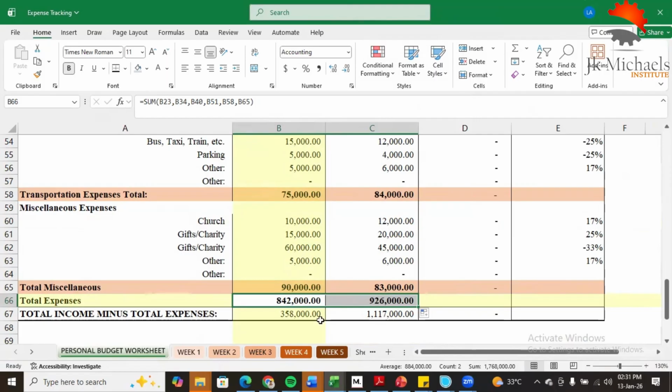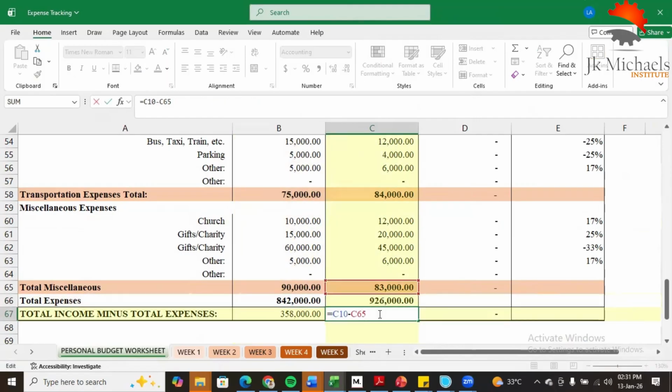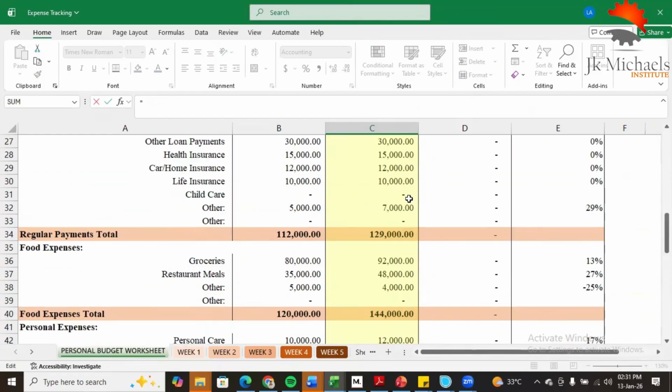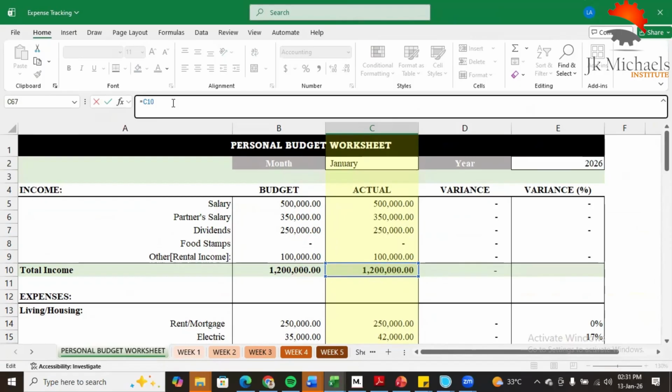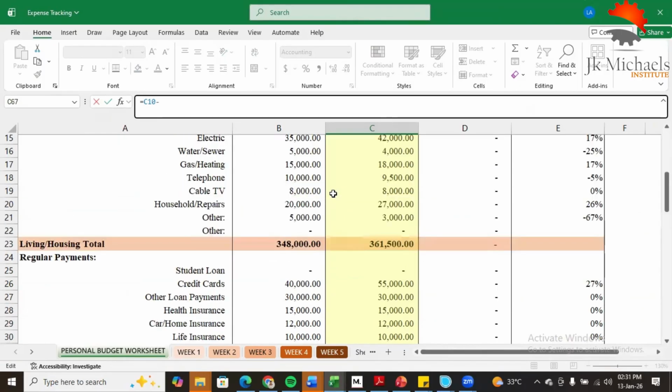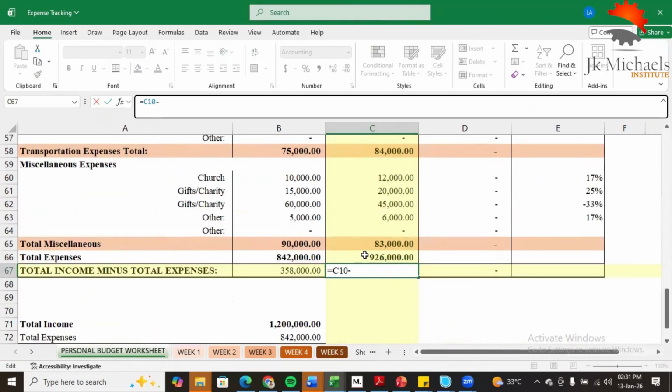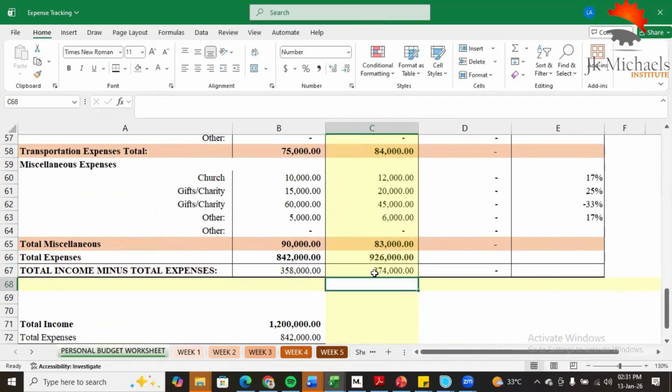And so when you look at this, if we do our income, which is 1.2 million, minus our expenses, which came to almost 1,900,000, our total expenses, then we saved 274,000.